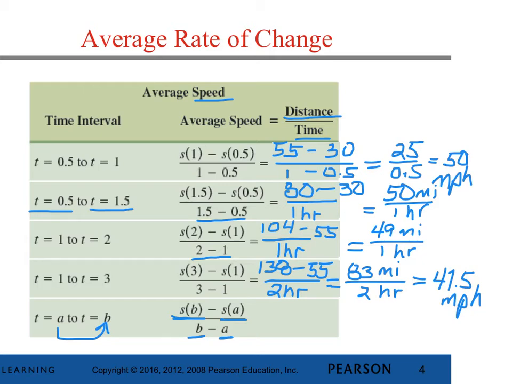And this, once again, is going to be miles per hour because it's distance per hour. But it is also a slope. It is the slope of a straight line that connects up point B, S of B, to point A, S of A.